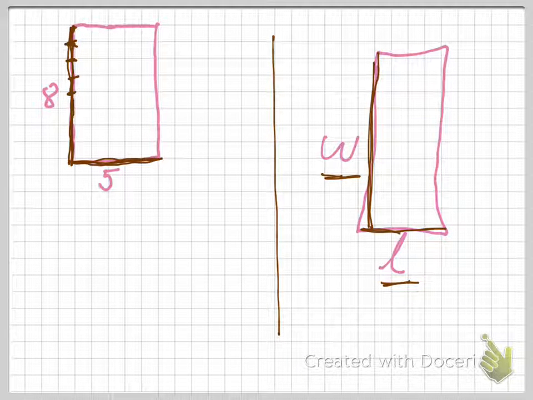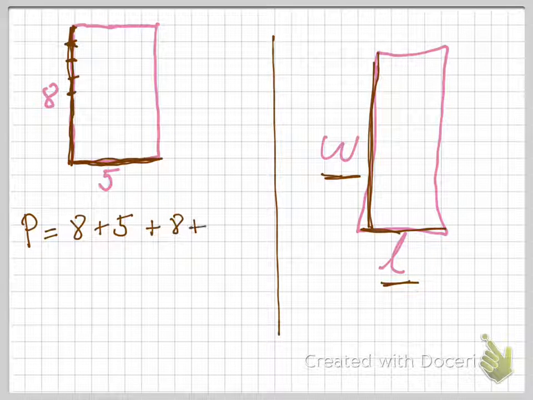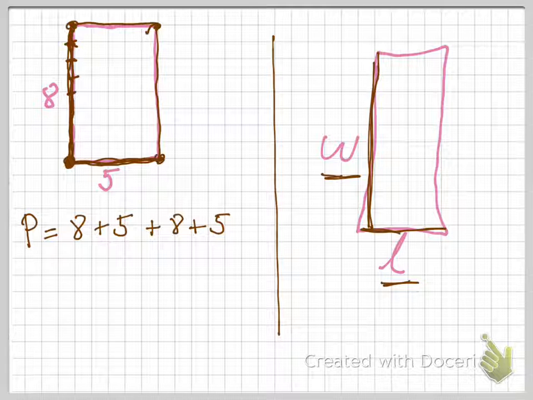So if we do the 8 by 5 rectangle and we want to find the perimeter, we would use P equals 8 plus 5 plus 8 plus 5. That basically means that we're starting here and we're walking up 8 on this side, 5 across, down 8, and back 5 across.